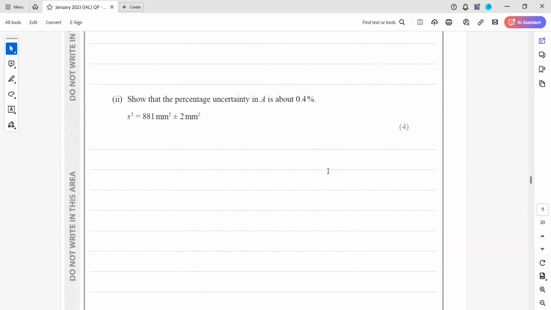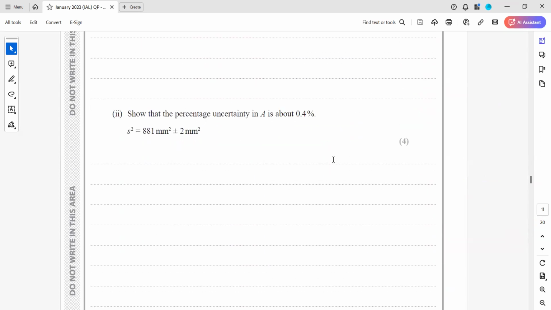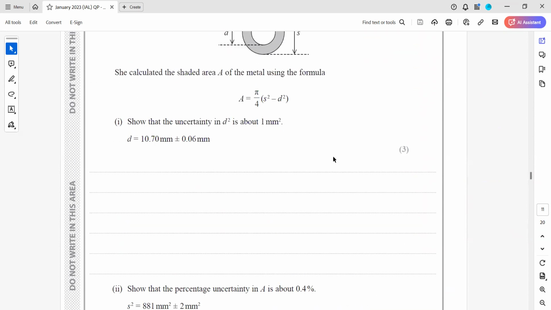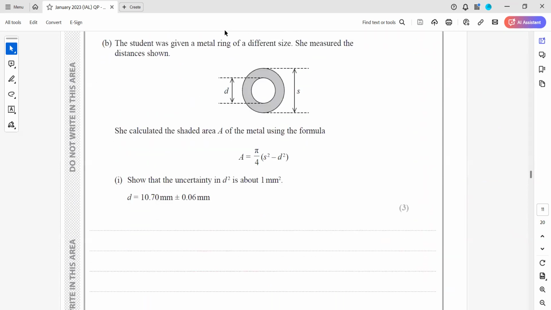Show that the percentage uncertainty in A is about 0.4%. So look at how A is calculated. Pi is constant and 4 is also constant, so they don't have any uncertainty. The value of pi and the value of 4 are both constant.